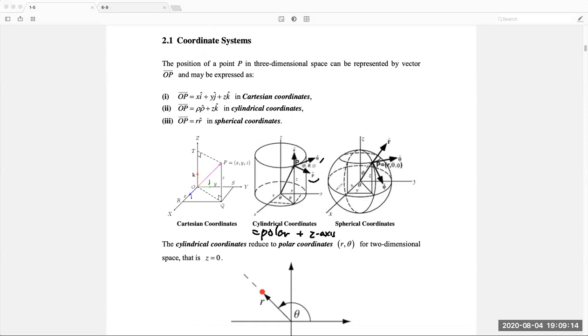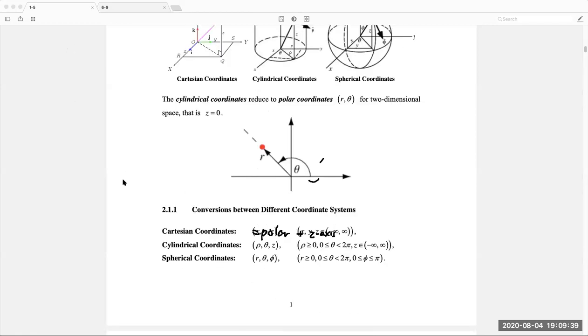But why do we use the symbol rho instead of r? Because we often use r as the distance from the point to the origin of the coordinate system. And rho here is the radius of the cylinder.